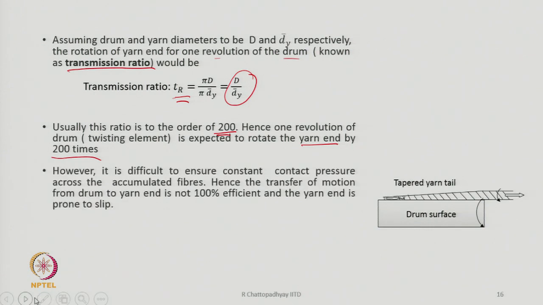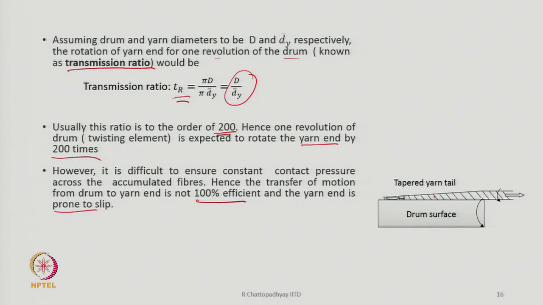However, it is difficult to ensure constant contact pressure across the accumulated fibers. Hence, the transfer of motion from drum to yarn end is not 100% efficient, and the yarn end is prone to slip. It is very difficult to ensure that it remains in contact with the drum surface.